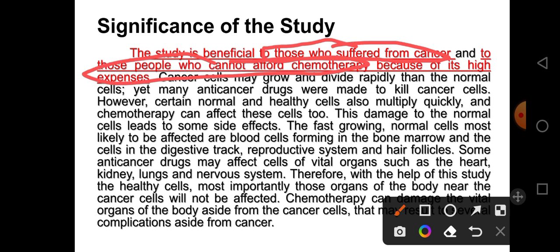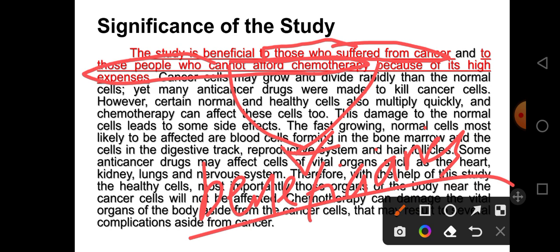What are we trying to include in this part of our significance of the study? The similarity among these two statements is that they state the beneficiaries of your study. Who are the recipients, or who would benefit from your study?